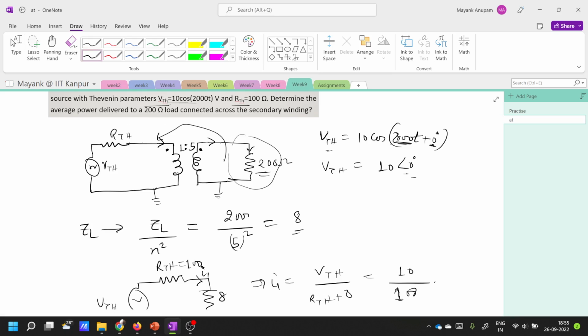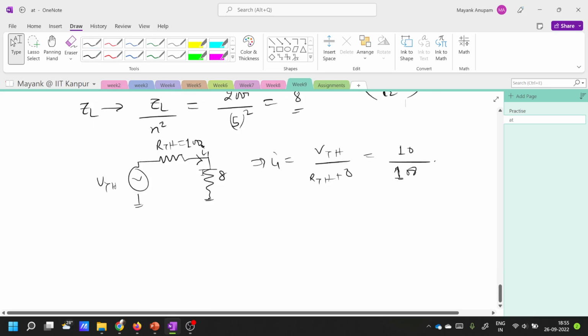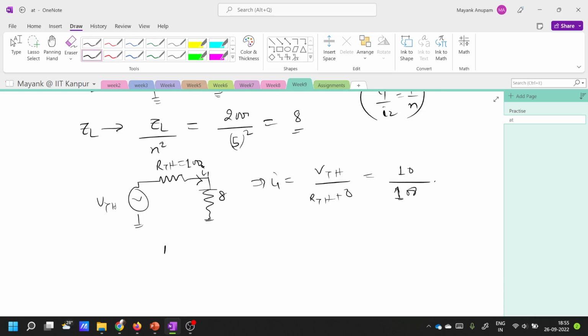We already found I1, so now we need to find I2. For an ideal transformer, the relation between I1 and I2 is the inverse of the turns ratio.